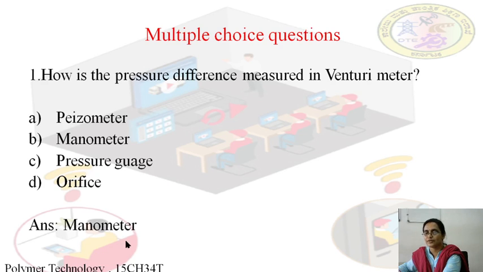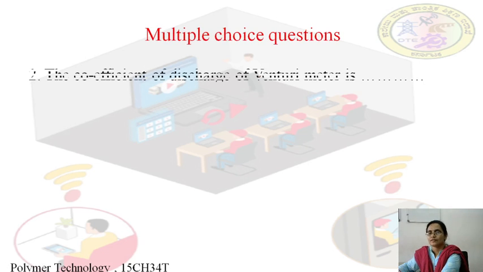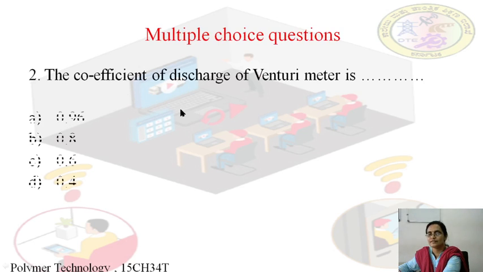The answer is manometer. Second one, the coefficient of discharge of a venturi meter: 0.96, 0.8, 0.6, 0.4. The answer is 0.96.